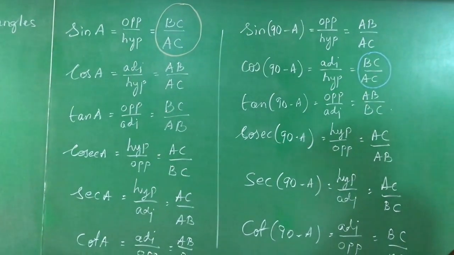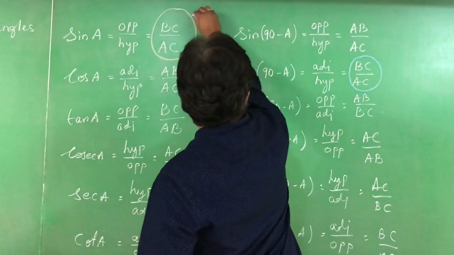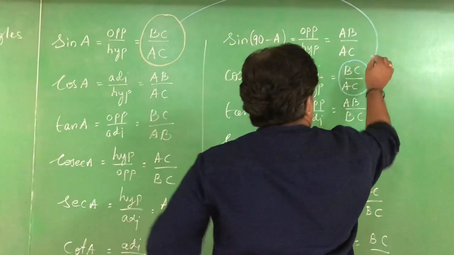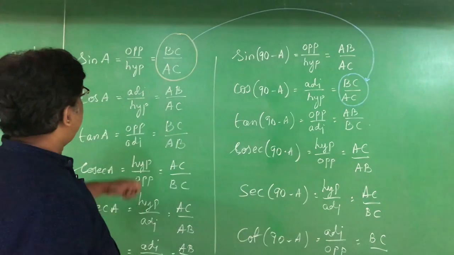This is BC by AC. Therefore, these two values are same.